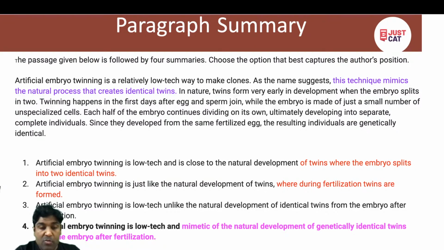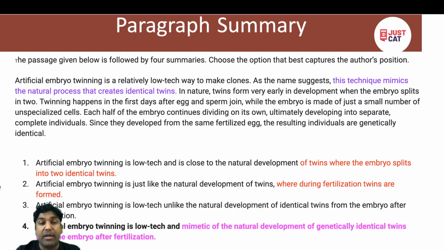Second point is that this is the reason why it is wrong, and that's why I marked it in red also. The second option, why is it wrong? Look at it: all of them sound correct, but they are wrong. The second says artificial embryo twinning is just like the natural development of twins. Fine, this part is correct, but these are all half correct and half incorrect. The first part is correct and the second part is incorrect. So you have to read and understand everything in a very clear way.